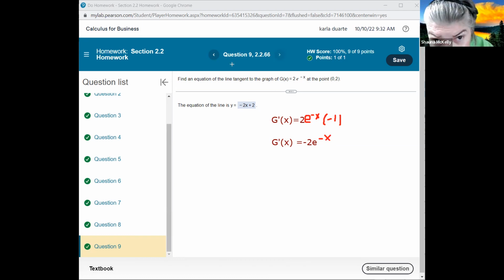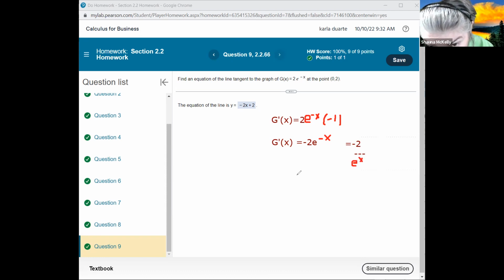You can write this expression as -2 over e to the x power, like so.